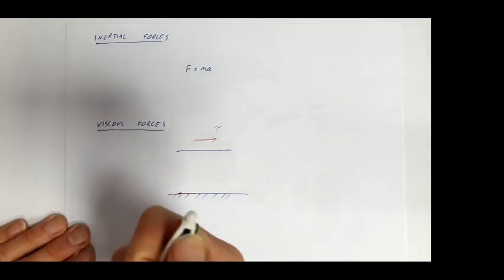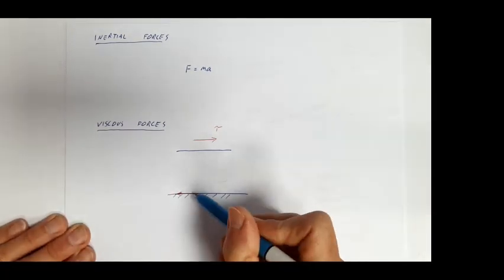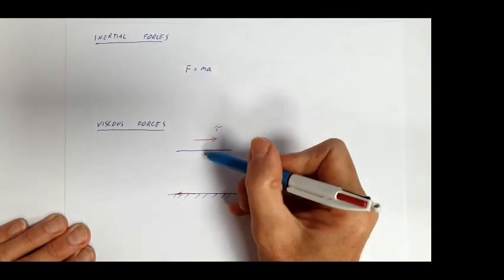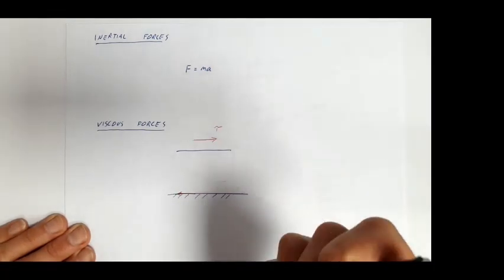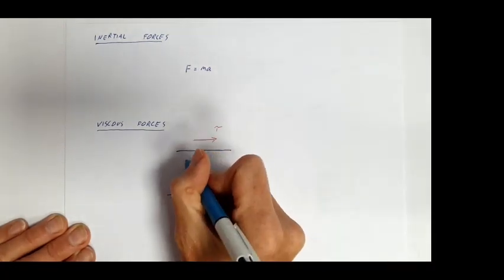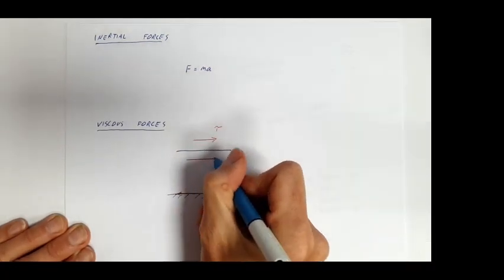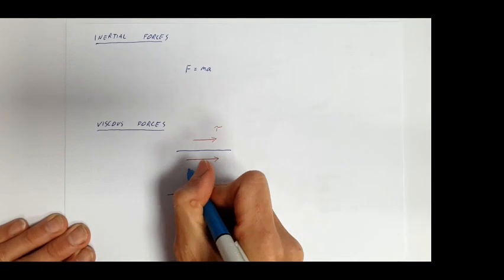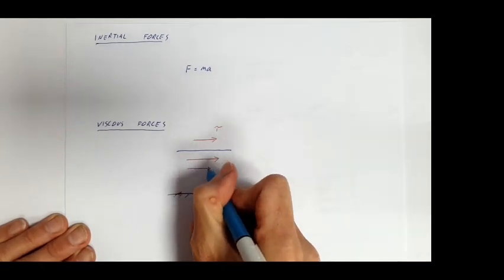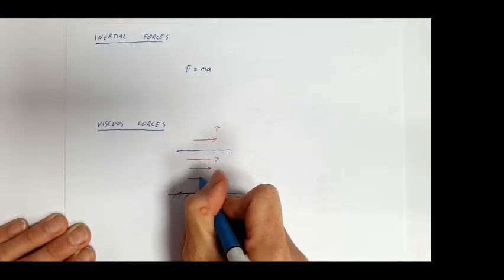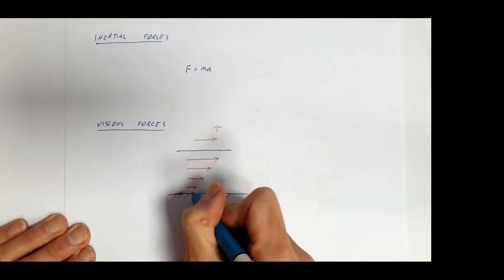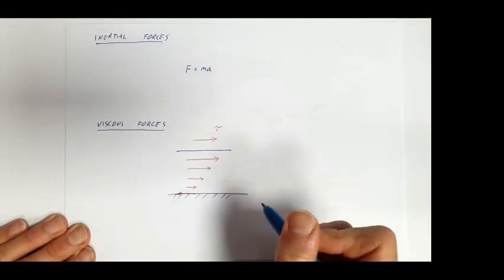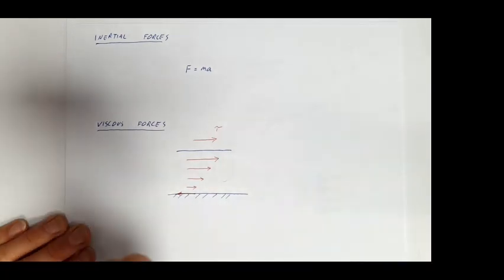The fluid velocity is going to be 0 at the wall and free stream velocity away from the wall. However, how quickly that happens is going to be dependent on how viscous the fluid is. Okay, so this velocity profile I'm drawing here is going to be dependent on how viscous the fluid is.